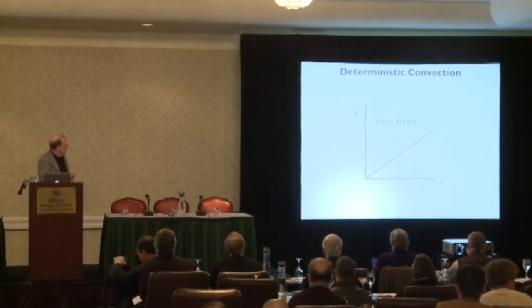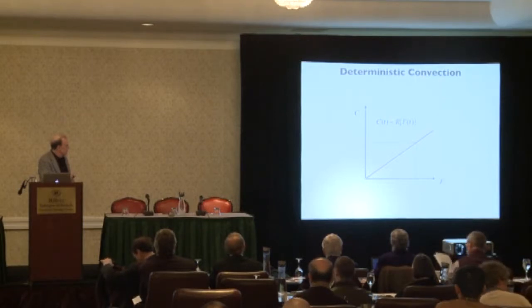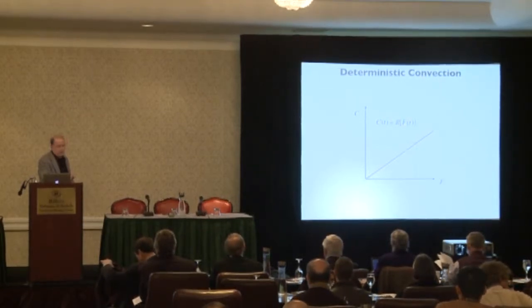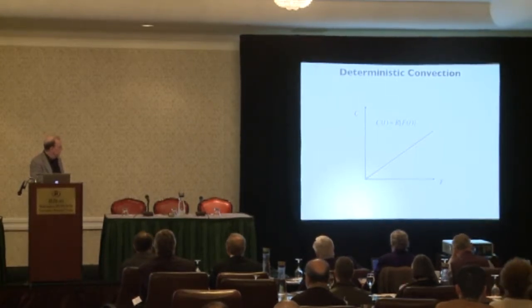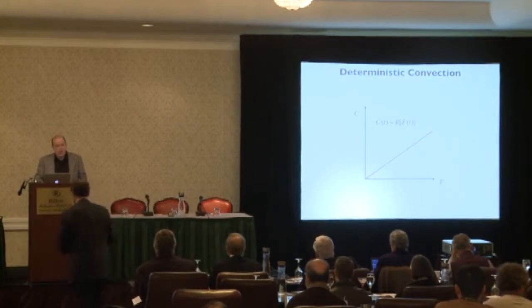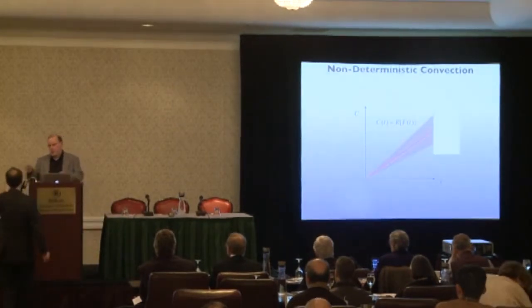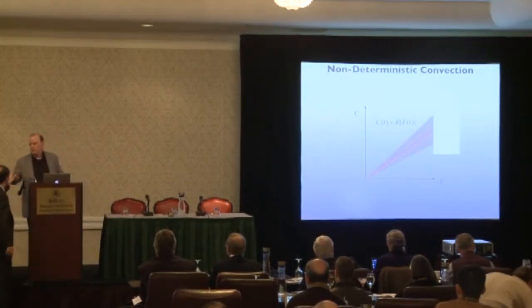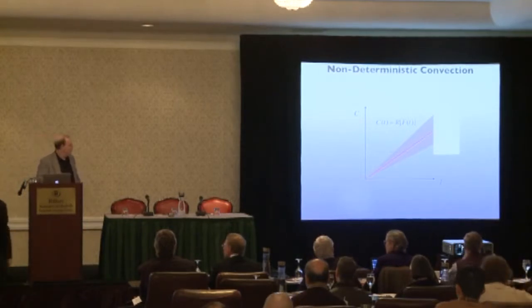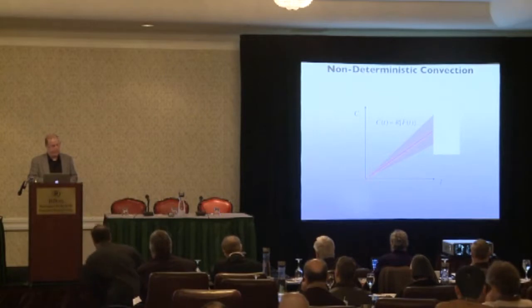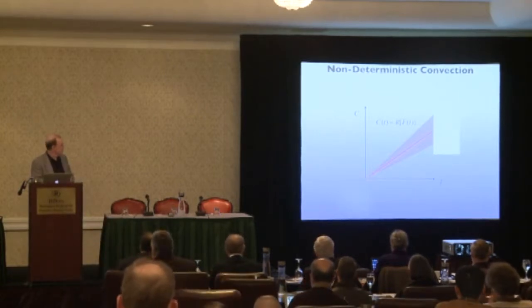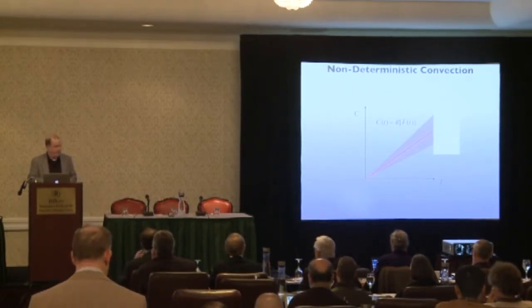And this relationship here says that the convective response C is determined by the forcing in some presumably complicated way. And there's a simple one-to-one relationship. If we know the forcing, we can calculate the response. But we all know that the real convection is somewhat random.